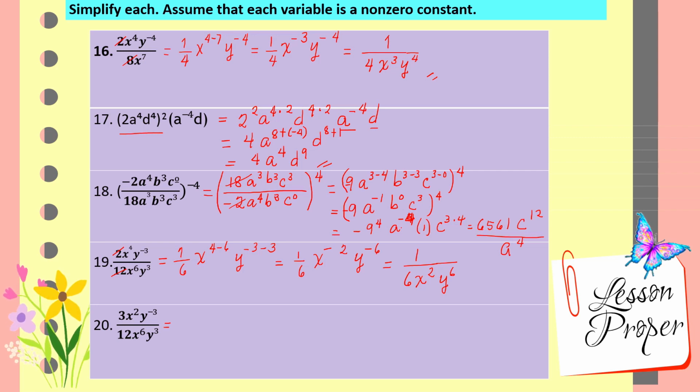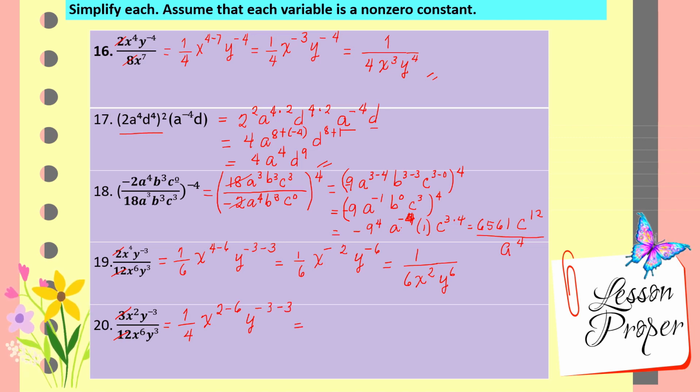Next, 3 and 12 is divisible by 3. So, 3 divided by 3 is 1 and 12 divided by 3 is 4. So, we have x 2 minus 6 and y negative 3 minus 3.